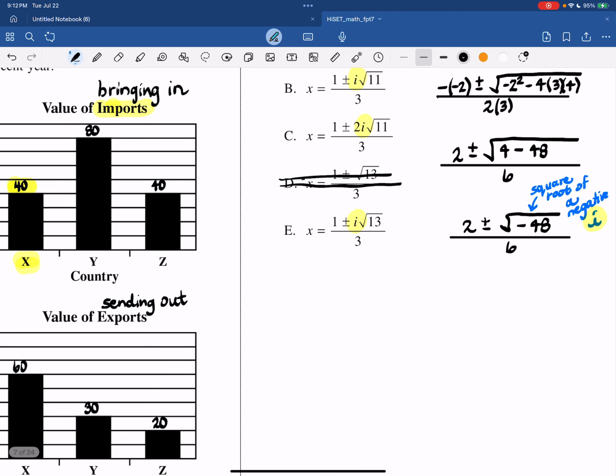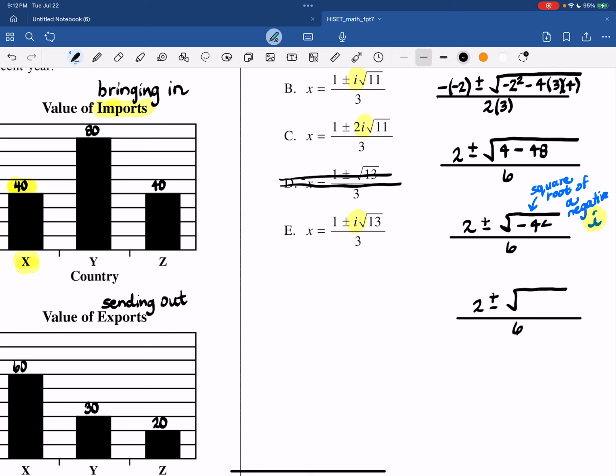If you go ahead and bring this on down a little further, nothing to do with the 6 or the 2 yet, but I know that 48 is the same thing. Something's not right. Oh, it's not 48. Sorry. I just instinctively knew something isn't right here.